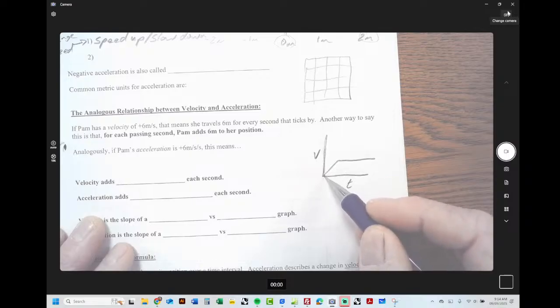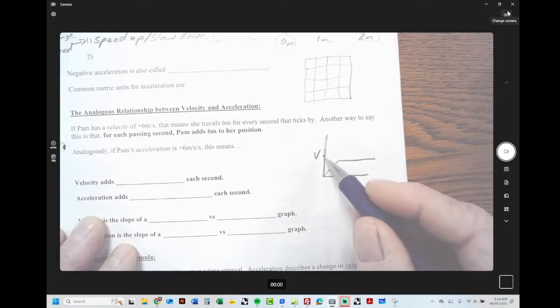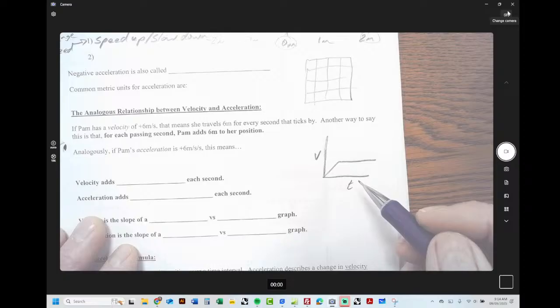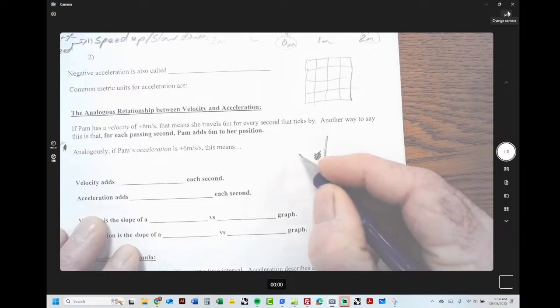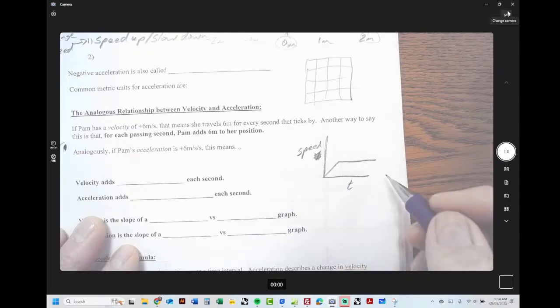So this is when I was standing still, and then I started moving. So I had to speed up a little bit to get going, and then it was flat. But maybe I'm going to put speed here. I want my speed to be the same the whole time.